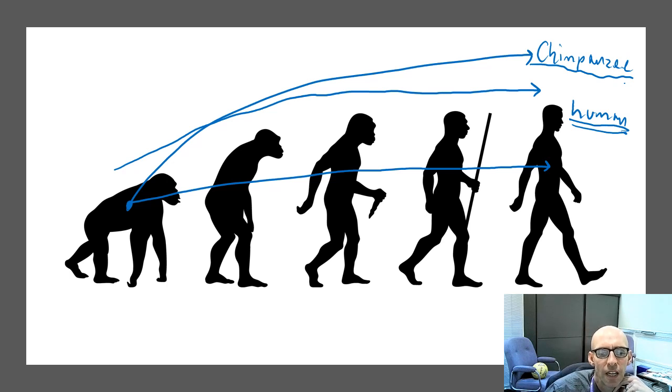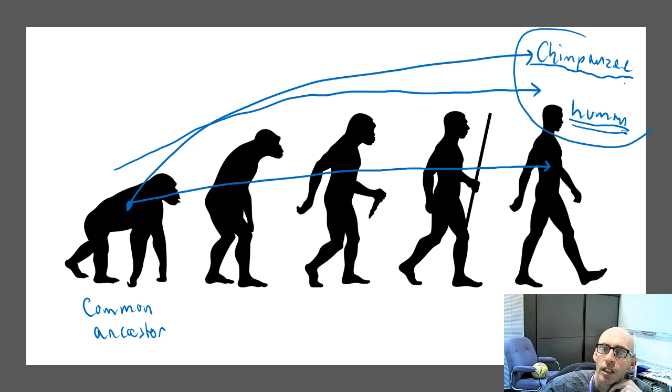But what we say here is that at some time in the past, millions of years ago, there's a common ancestor. So it's not that we came from chimpanzees, but us and chimpanzees both evolved from an animal millions of years ago.